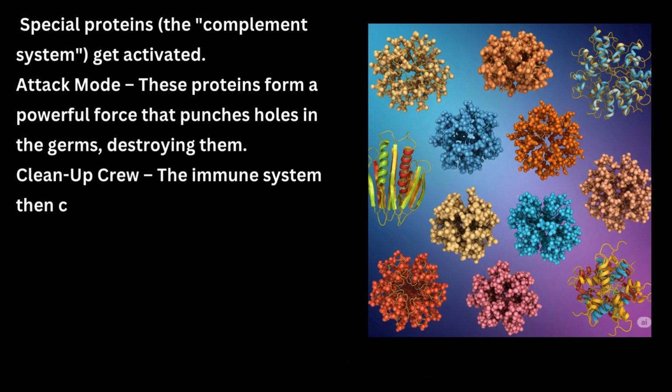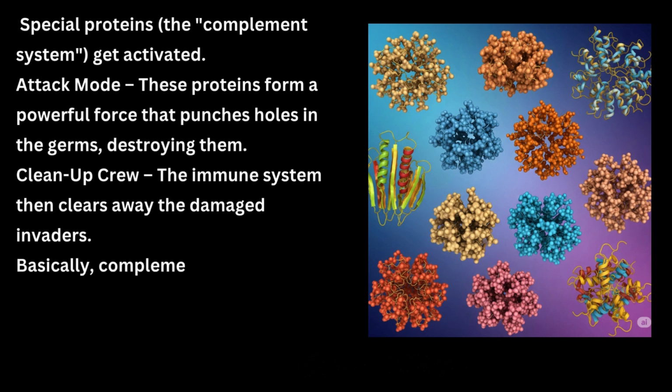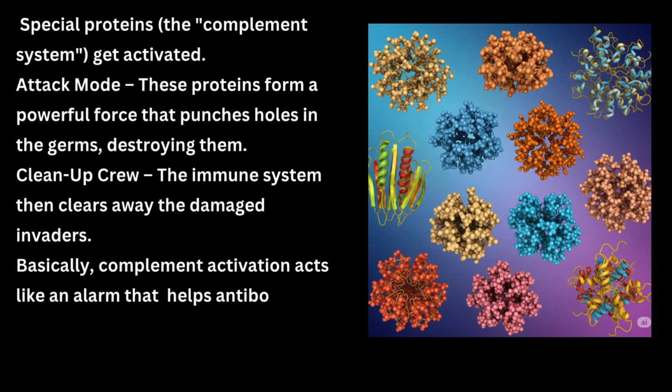The damaged pathogens get cleared from the body. So this is about complement activation, which acts like an alarm that calls for the antibodies and helps them fight various types of infections more effectively.